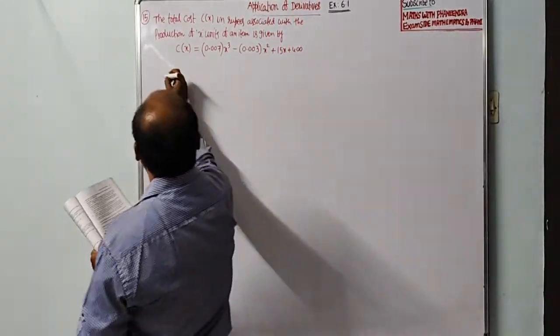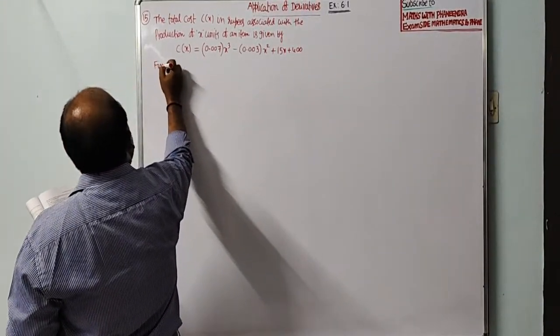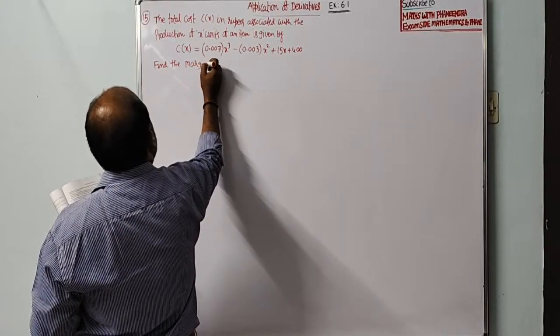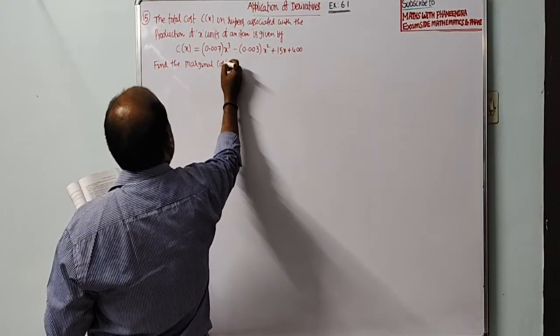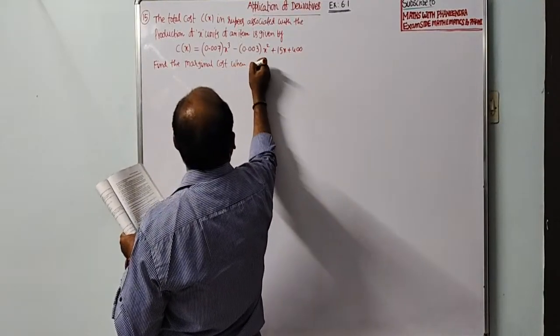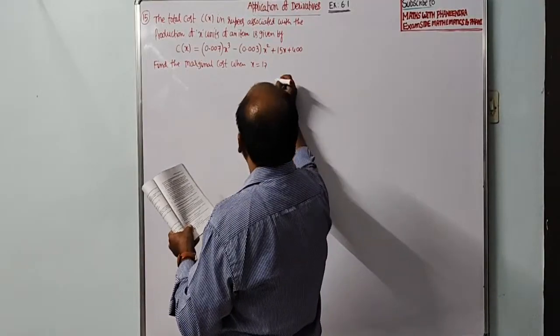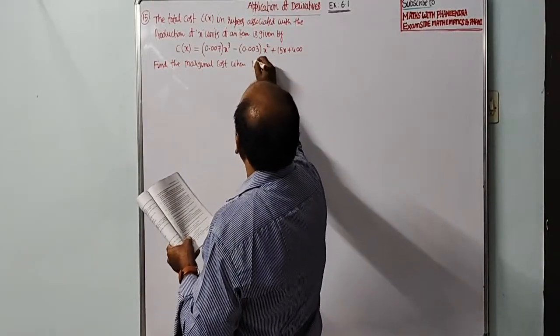Find the marginal cost when x is equal to 17 units, when 17 units are produced.